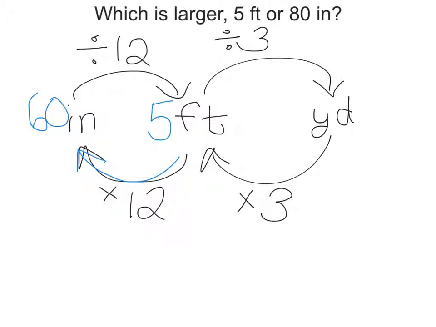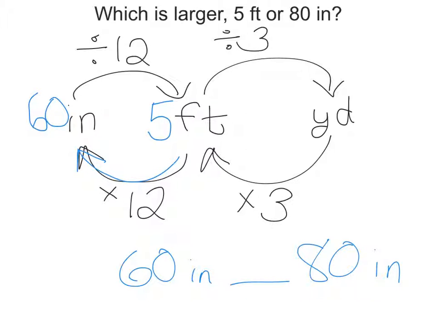So no longer do I have 5 feet and 80 inches, I have 60 inches and 80 inches. So can I tell which one is larger now? Yes, of course, 80 inches is going to be larger. So which is larger, 5 feet or 80 inches? 80 inches.